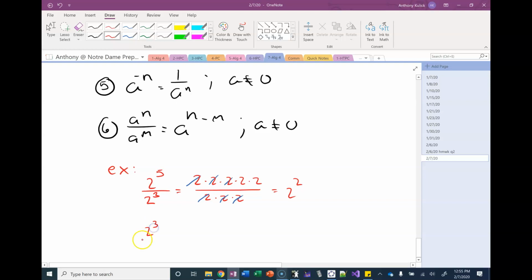Now, what if it was the other way around? We would do the same reducing, and we're left with 1 over 2 squared. And if I had applied property 6 here, that would have been 2 to the negative 2. Right?